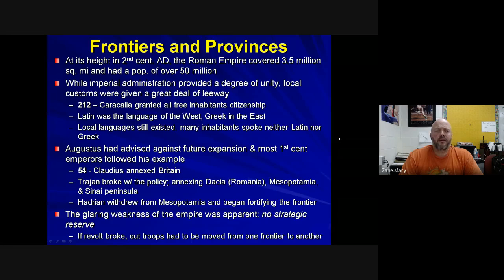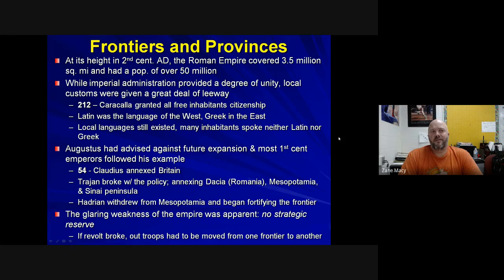I'm not saying that he was against other ethnic groups or other societies. It's just he saw an immediate need to deal with the problems in Rome, and that's what he spent most of his reign doing. He had advised against future expansion of the empire. Well, even though he didn't refer to it as the empire at that point, it had already become an empire.